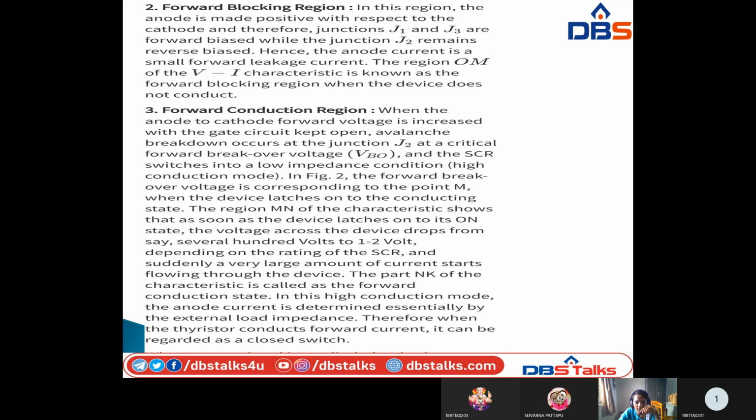As soon as the device launches into its on state, the voltage across the device drops from several hundred volts to about 1 to 2 volts, depending upon the rating of the SCR, and the current flows through the device. This part of the characteristics is called the forward conduction state.